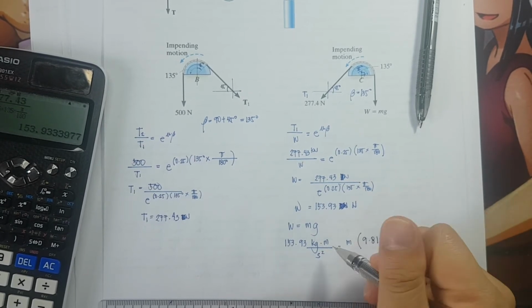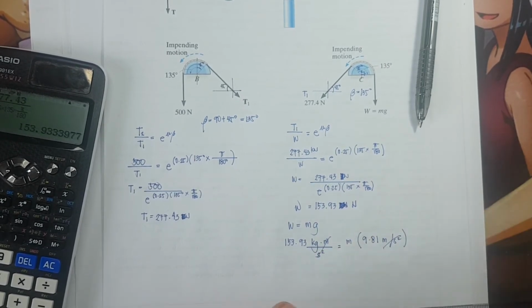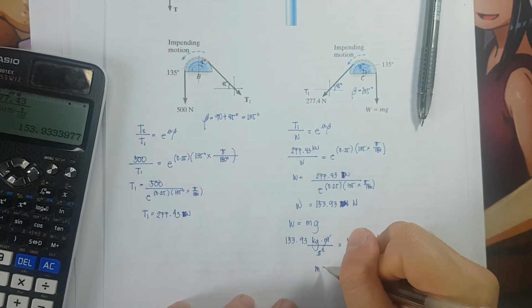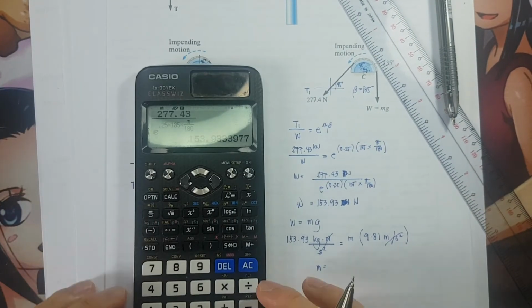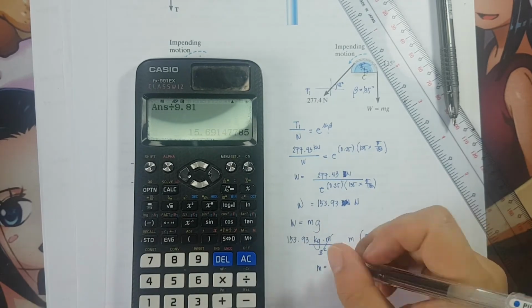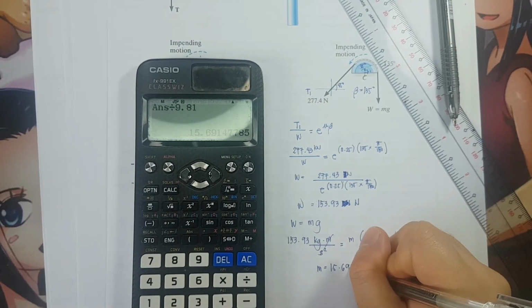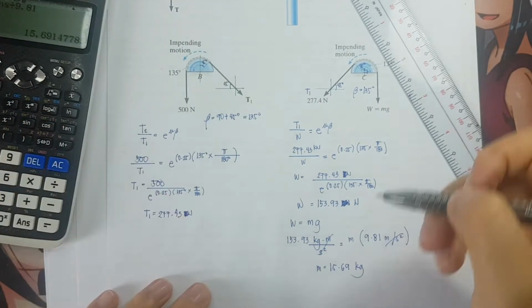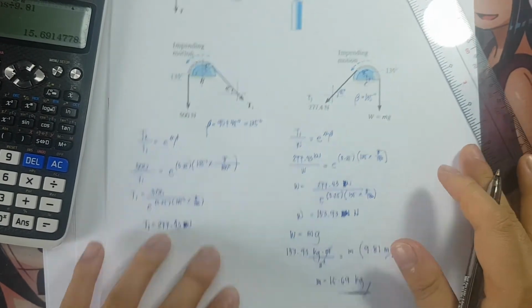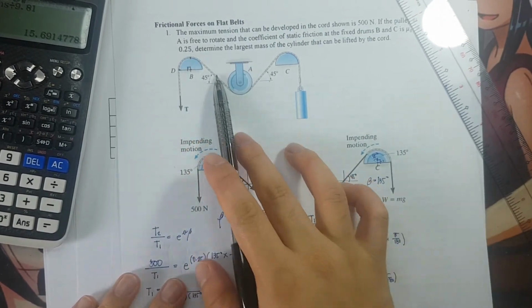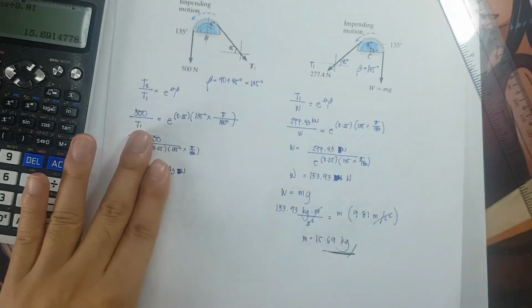So meters per second squared will cancel out and we will be left with kilogram. Therefore, mass is equivalent to 15.69 kilograms. So this is the maximum weight that can be carried by this rope.